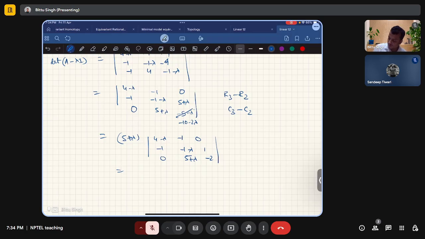So everything is unchanged, 5 plus lambda, and this is 4 minus lambda, minus 1, 0. And now we can just remove the third thing. So minus 1 minus lambda, 1, 0, it will change. So this is minus 2, 3 minus lambda and 0. So we have done this operation, C3 plus 2C2.